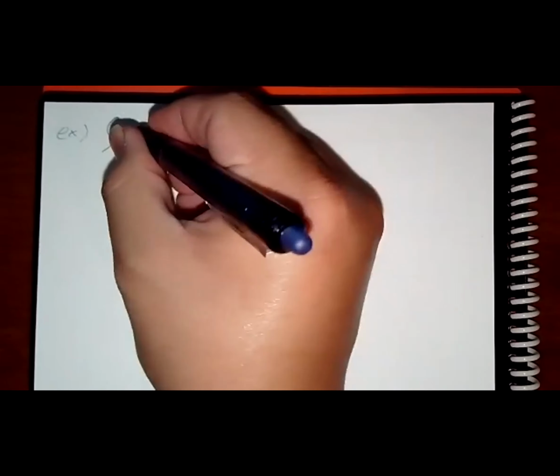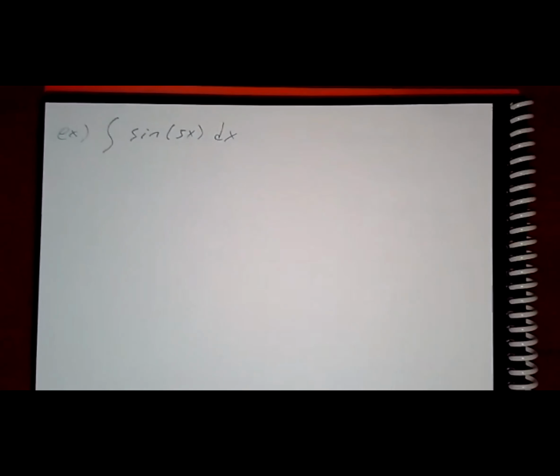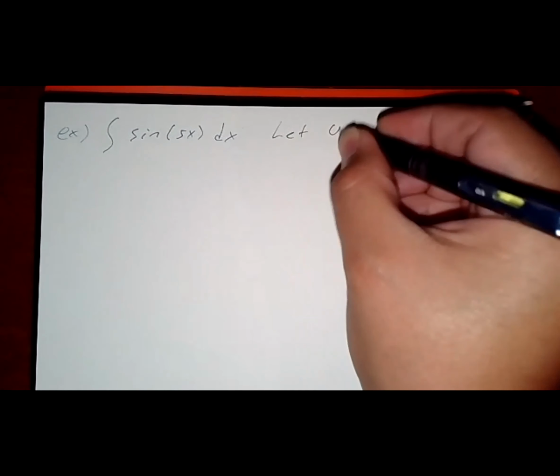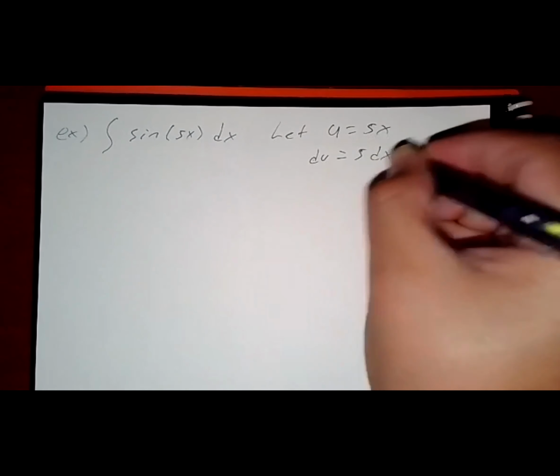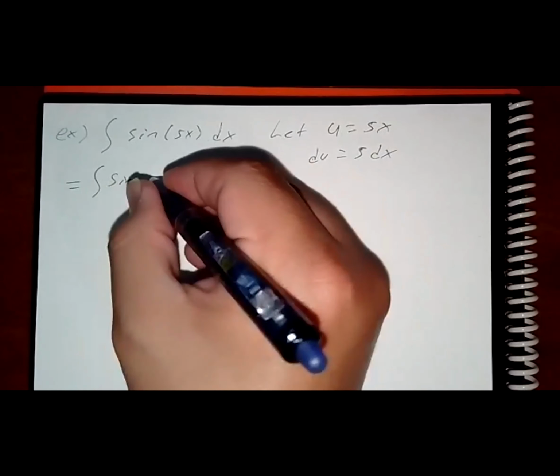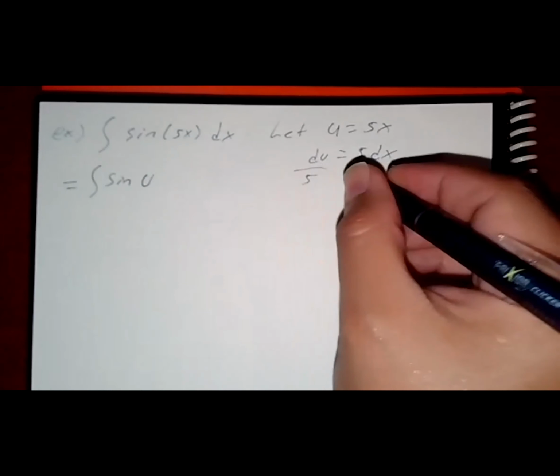So the integral of sine of 5x dx. You can do substitution for the inside part, the 5x. You can let u equal 5x, du will be 5 dx. This will be the integral of sine u. There is no 5 there, so we've got to divide it out.